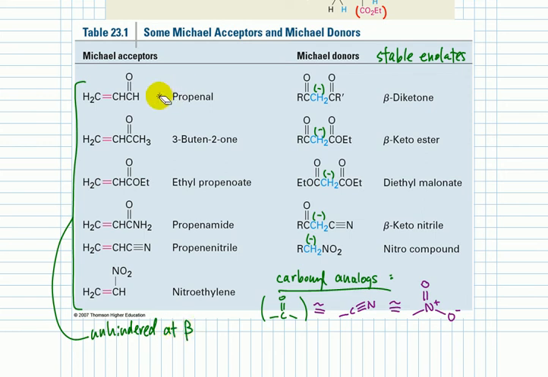So propenal has CH2 double bond CH, C double bond O. 3-butene-2-one, CH2 double bond CH, C double bond O, CH3. So all of these have a CH2 on the beta carbon. Okay? No extra R groups on that beta carbon. So those are the ones that will react the most favorably to a Michael reaction.